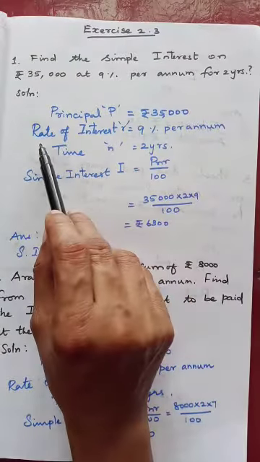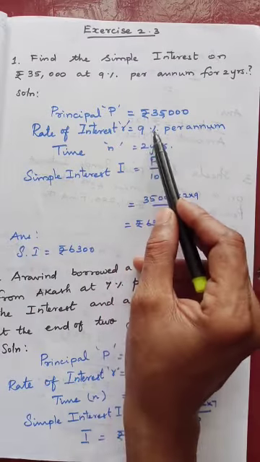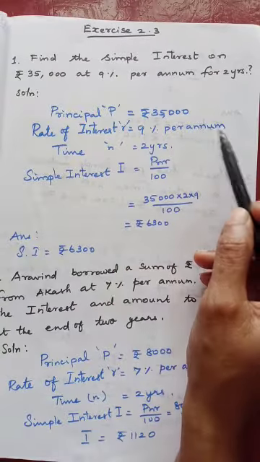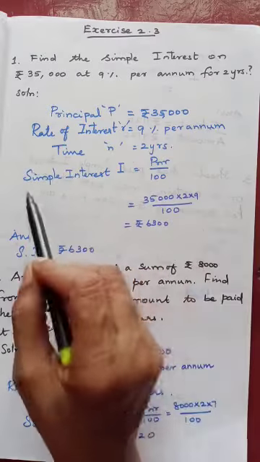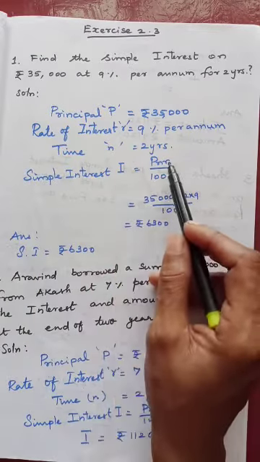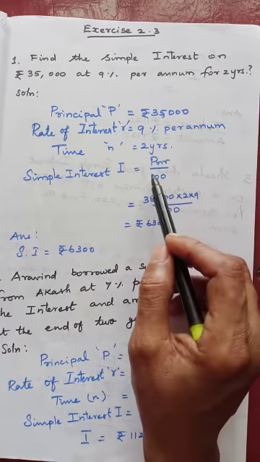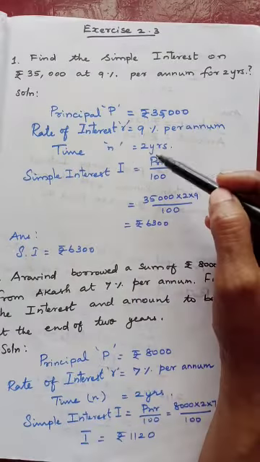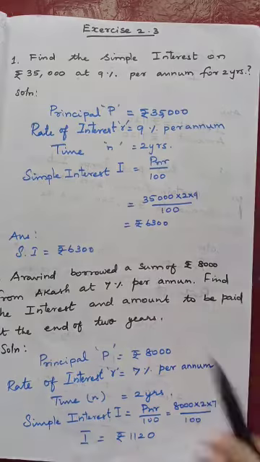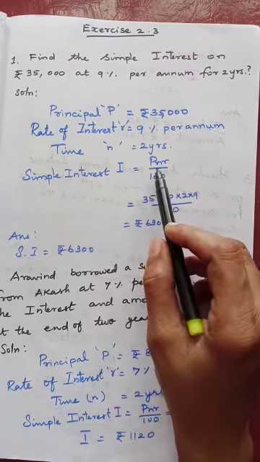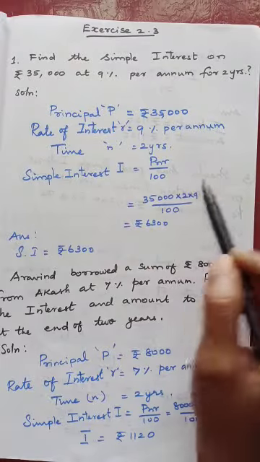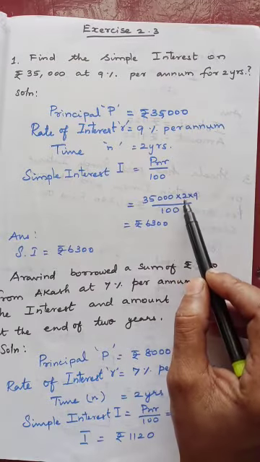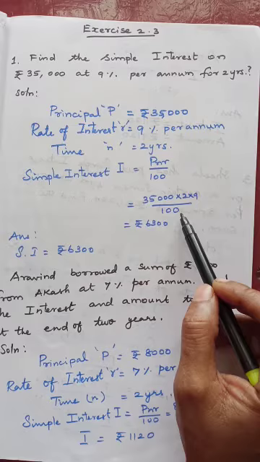Rate of interest R is equal to 9% per annum. Time N equal to 2 years. So simple interest I is equal to PNR by 100. This we know. Now you substitute P as 35,000, N as 2 years, R as 9%. That is 35,000 into 2 into 9 by 100.